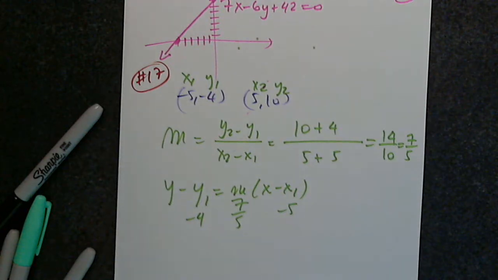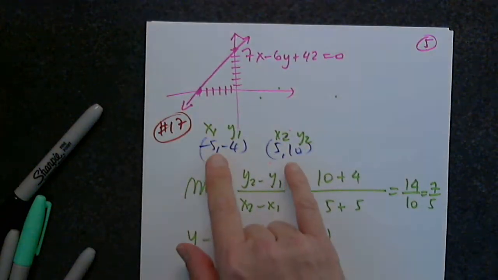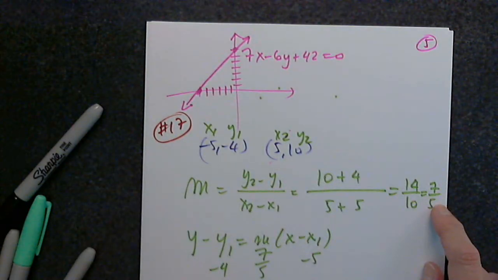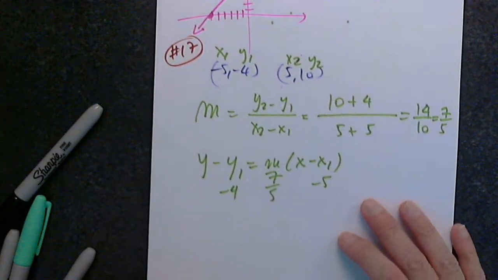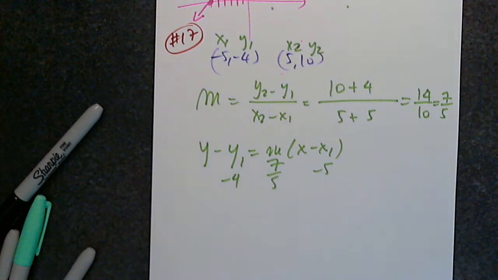Does it matter what point you use? No. Let me explain why. We used both points to determine this, so it doesn't matter. If you use this point and I use this point, we'll get the same equation. There is only one equation of a line passing through these 2 points. If you use this point or this point, it doesn't matter, because we used both to find the slope.